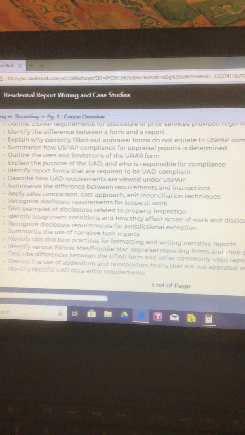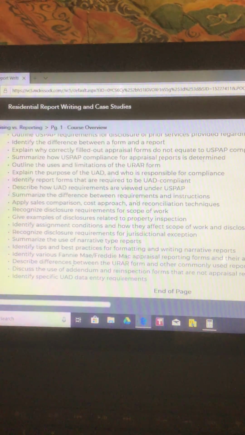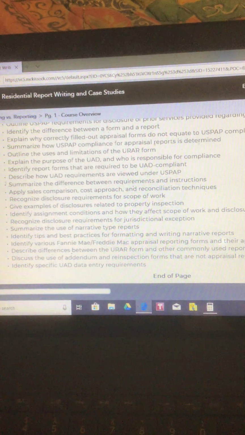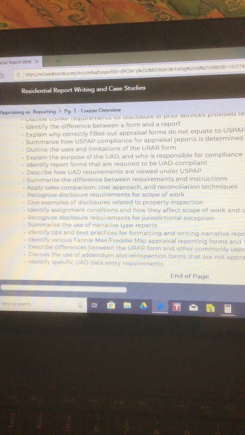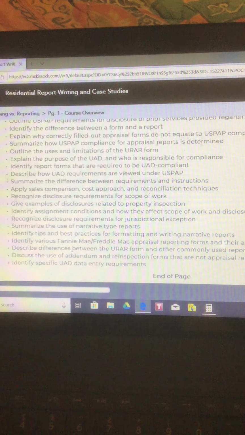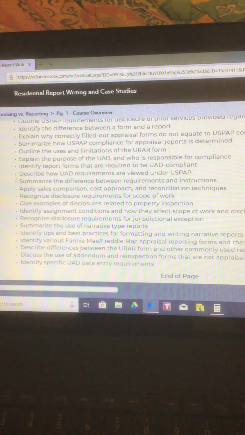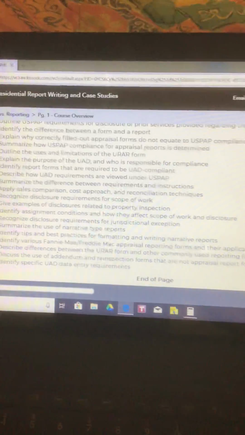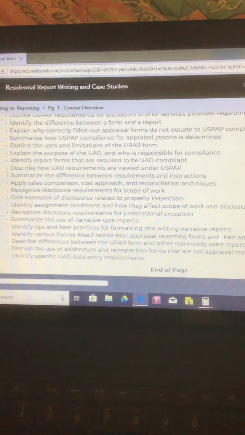Apply sales comparison, cost approach, and reconciliation techniques. Recognize disclosure requirements for scope of work. Give examples of disclosures related to property inspection.